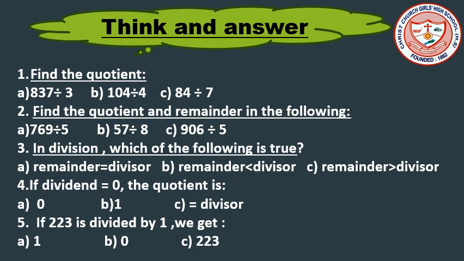If dividend equal to 0, the quotient is, options A 0, B 1, C equal to divisor. Number 5. If 223 is divided by 1, we get, options A 1, B 0, C 223.